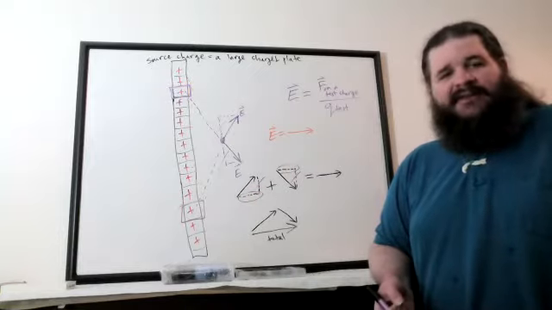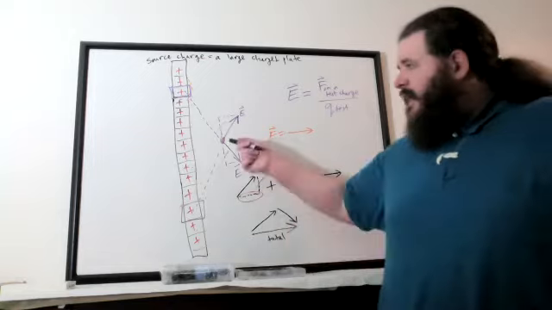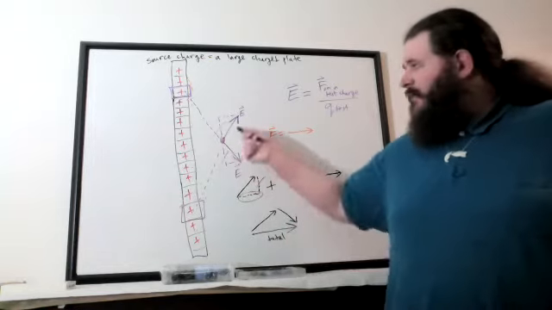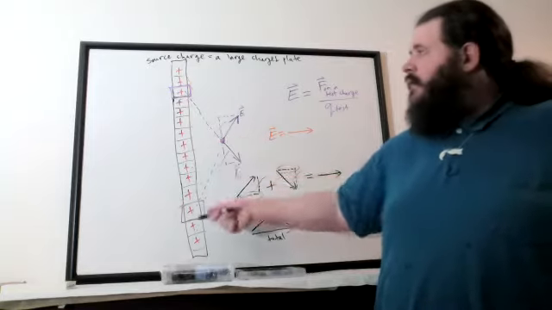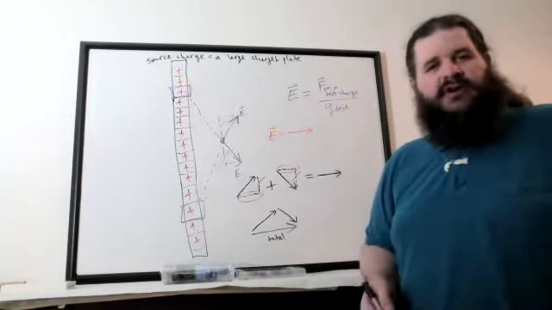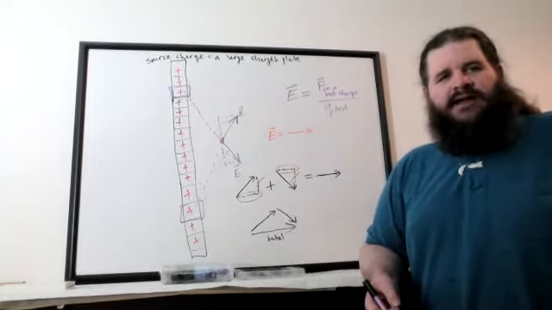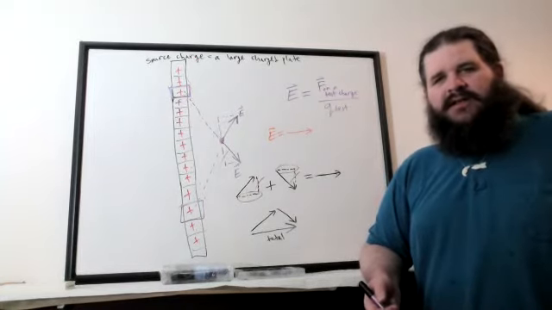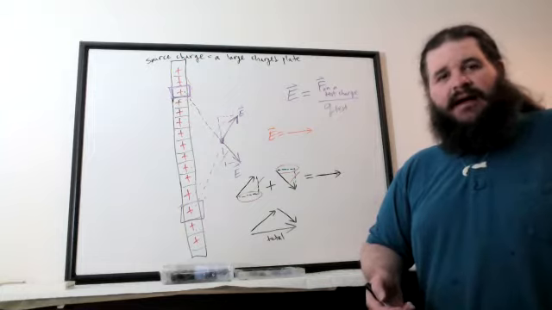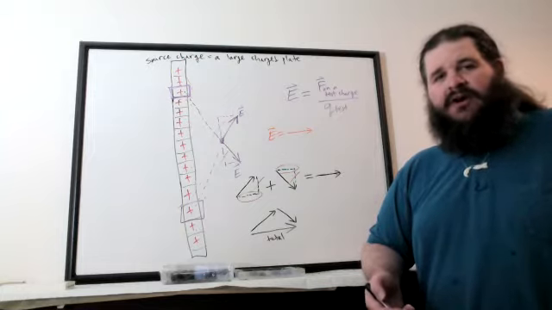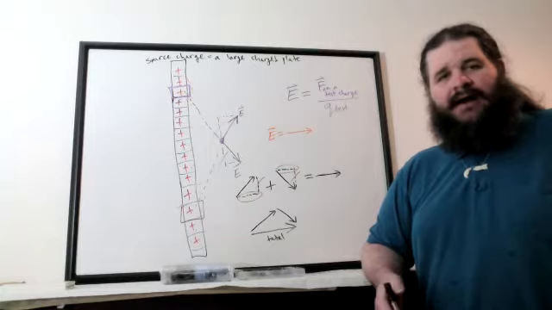But we don't actually have to have a charge there at all. This location in space, even if it's just an empty point in space, has an electric field caused by this source charge.